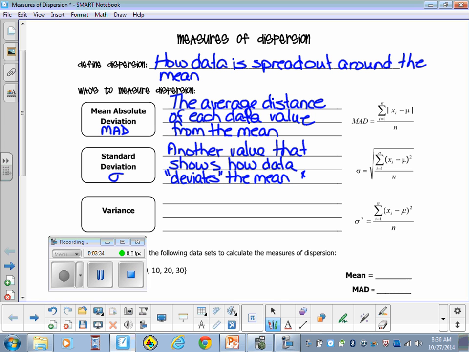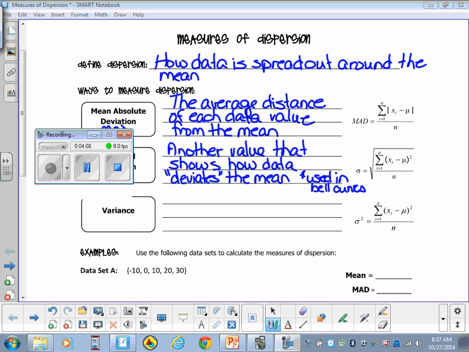Just as a side note for a later lesson, this is used in bell curves. Here's our formula. This time, instead of taking the absolute value, we take the square root. We are taking each data point, subtracting the mean, squaring that value, adding them all up, dividing by the number of data points, and then taking the square root. Again, the formula is not important because your calculator will actually do this one for you, which is really nice. And you're given the formula on the SOL.